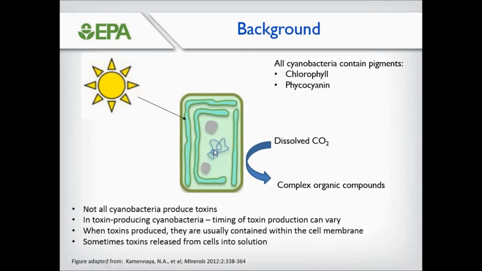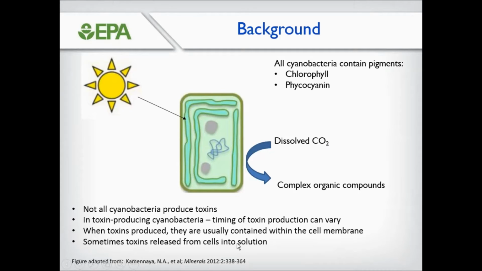These organic compounds include toxins and their pigments. Not all cyanobacteria will produce toxins, and even in those that do, the timing of toxin production can vary. When toxins are produced, they're usually contained inside the cell membrane. However, sometimes toxins are released from cells into solution.